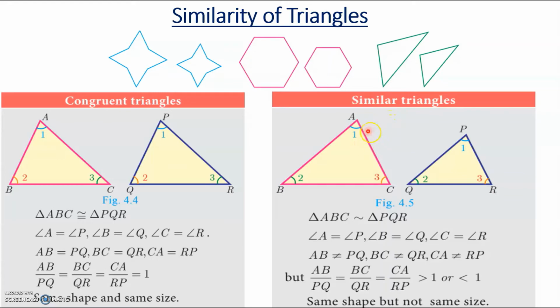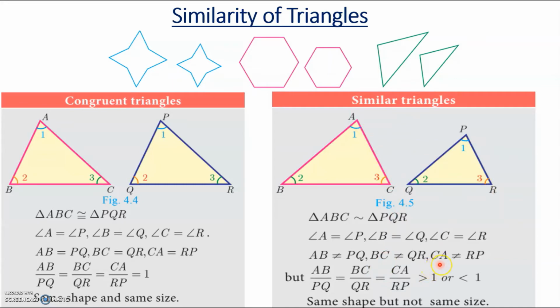If I consider this, the angles inside are equal. In the similar triangle, the angles 1, 2, 3 and 1, 2, 3 are equal. But the side AB is not equal to PQ. But if you take the ratio of AB over PQ, then the ratio BC over QR will be equal to that ratio, which means AB over PQ will be equal to BC over QR, and this will also be equal to CA over RP.